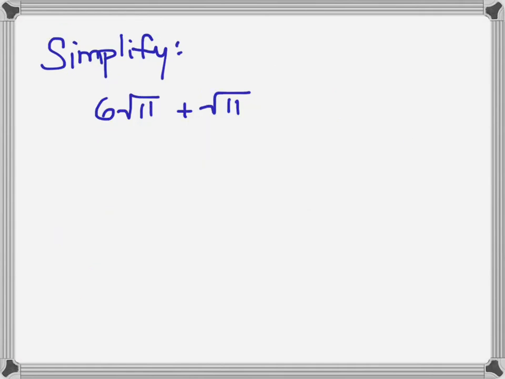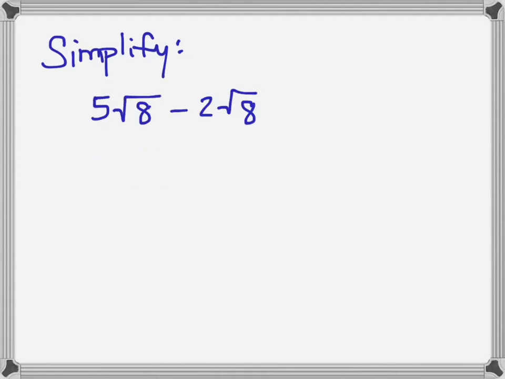Alright, this one, 6 square root of 11 plus square root of 11. There is a number here being multiplied by the square root of 11, and it's implied that that is a 1. We have one of those square roots of 11. So adding, we have 6 of them plus 1 of them, and altogether we have 7 square roots of 11.